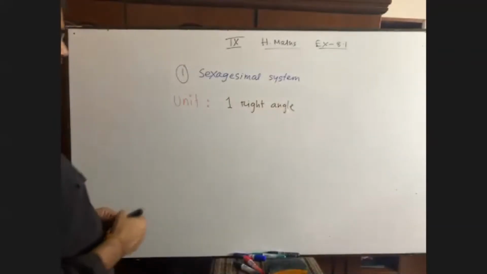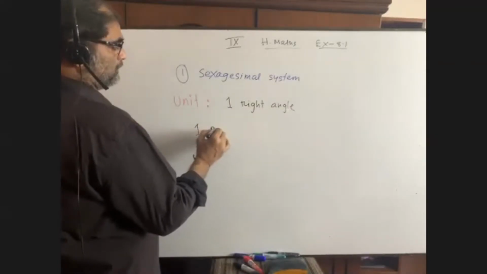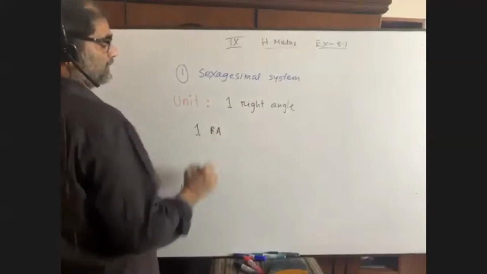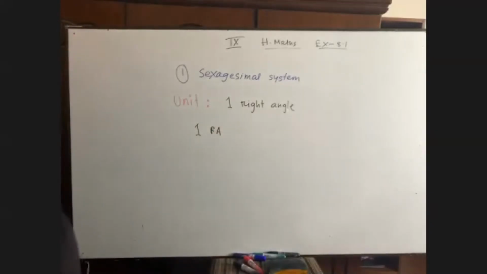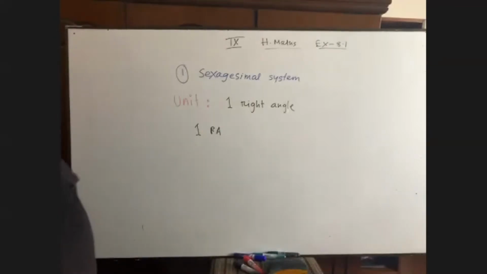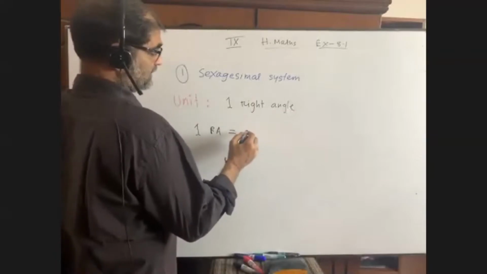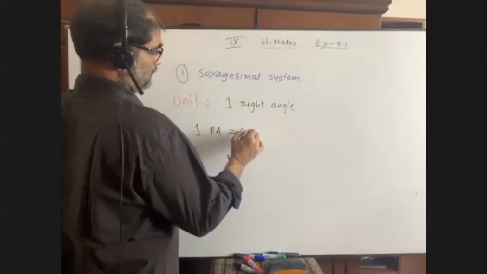And we all know that 1 right angle, from now onward I will express right angle by RA, R for right, A for angle. 1 right angle equals what? You have known it since class 4 or 5. 90 degree.